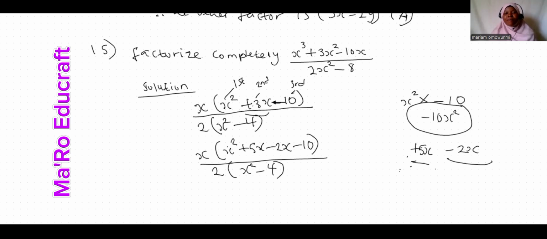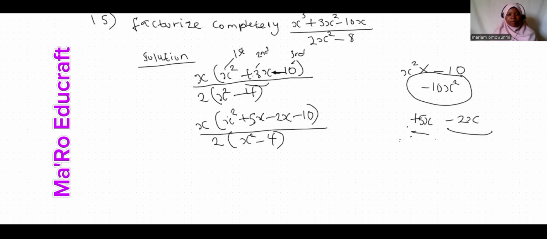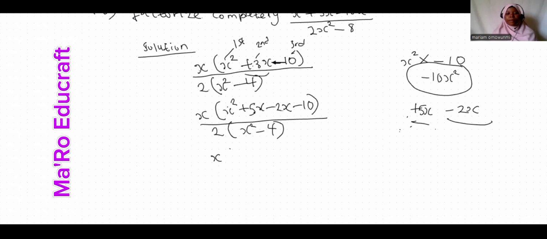What you just notice is I replaced the value of the second, plus 3x, with plus 5x minus 2x. x, open bracket, x squared plus 5x minus 2x minus 10 over 2, open bracket, x squared minus 4. If you take a look at this very well, you will know that it's a difference of two squares, because we have x squared, and this minus 4 can be written as 2 raised to power 2, because 2 times 2 gives us 4 back.